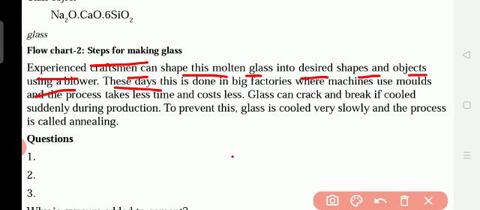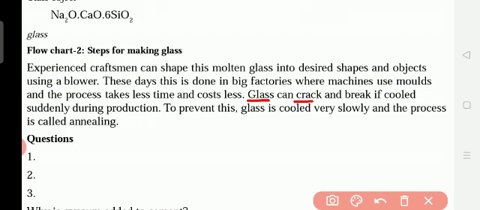These days this is done in big factories where machines use molds. Molds give different shapes and forms, and the process takes less time because big machines are there. If you are using the blower, it takes a long time and costs more.